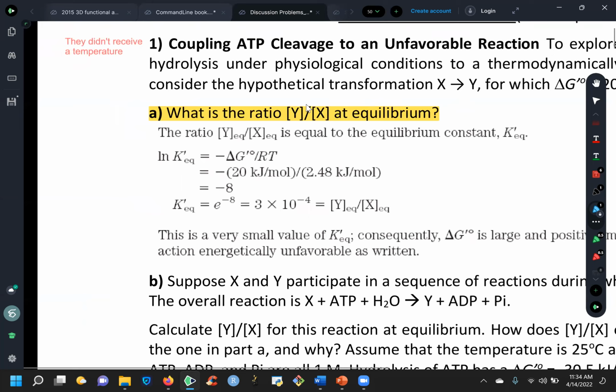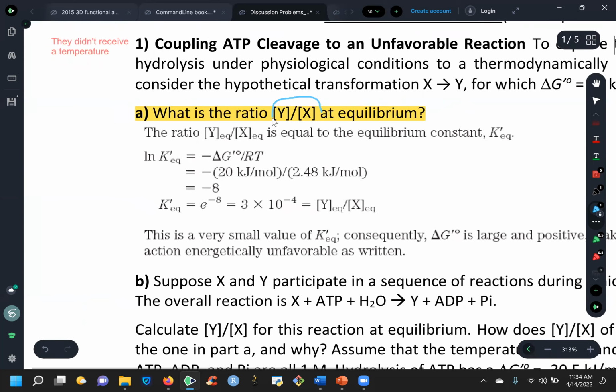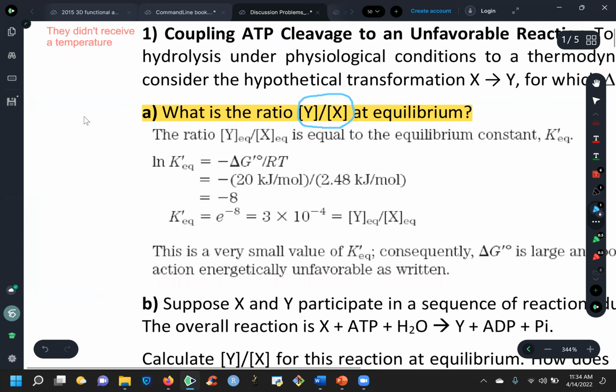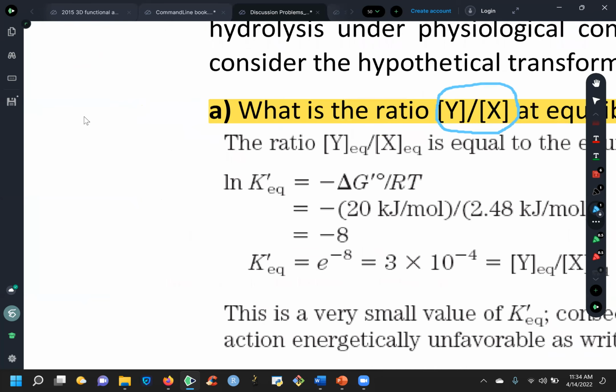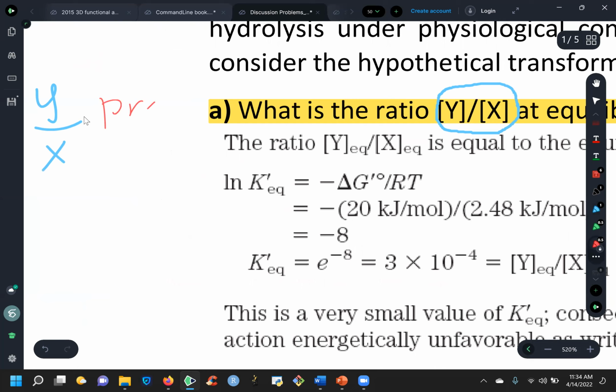So they're going to be asking us a lot about this ratio of Y to X. Now, the reason why they care about the ratio of Y to X is because Y is products. So this is products over reactants.